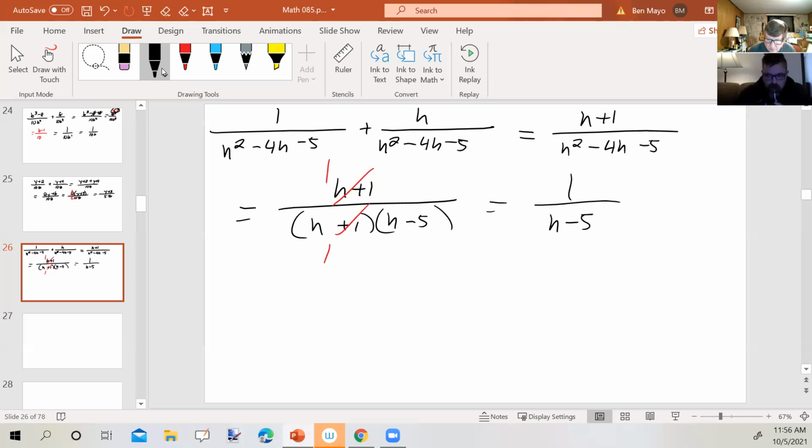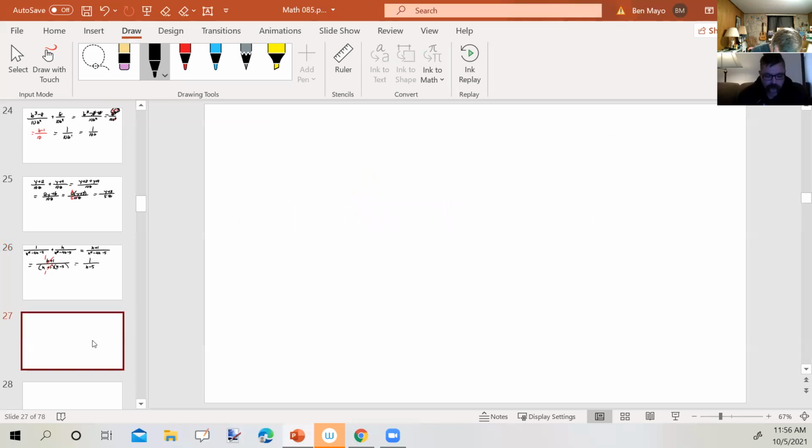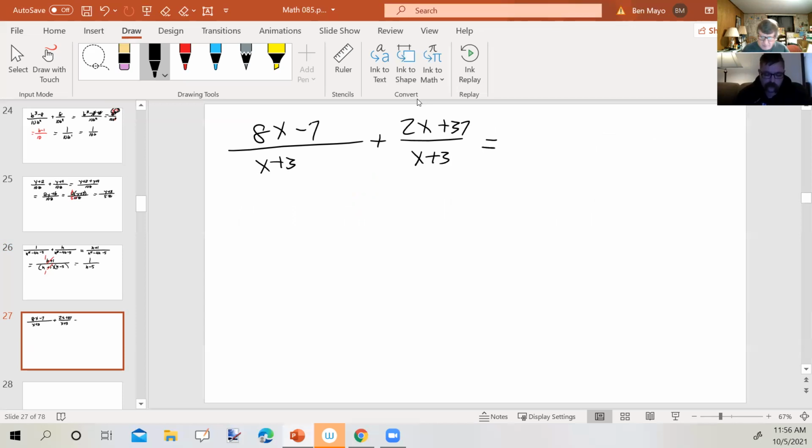How about this one? 8x minus 7 over x plus 3 plus 2x plus 37 over x plus 3. Well, that would be 8x minus 7 plus 2x plus 37 over x plus 3.